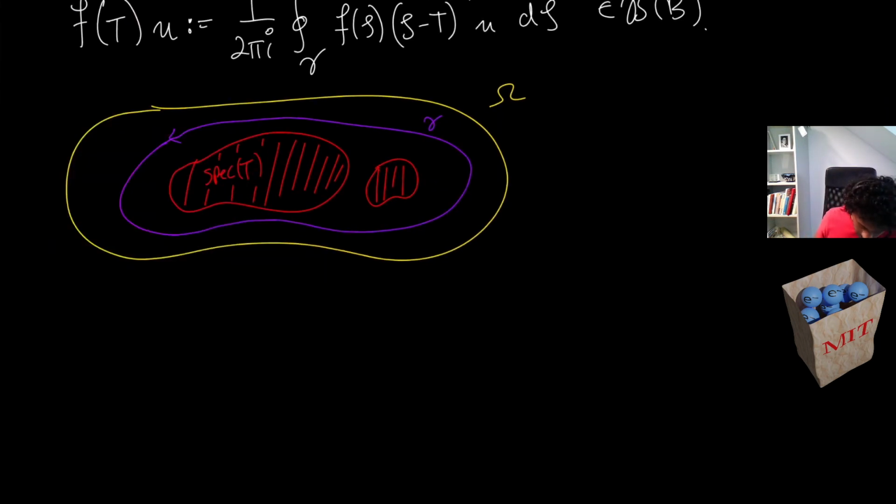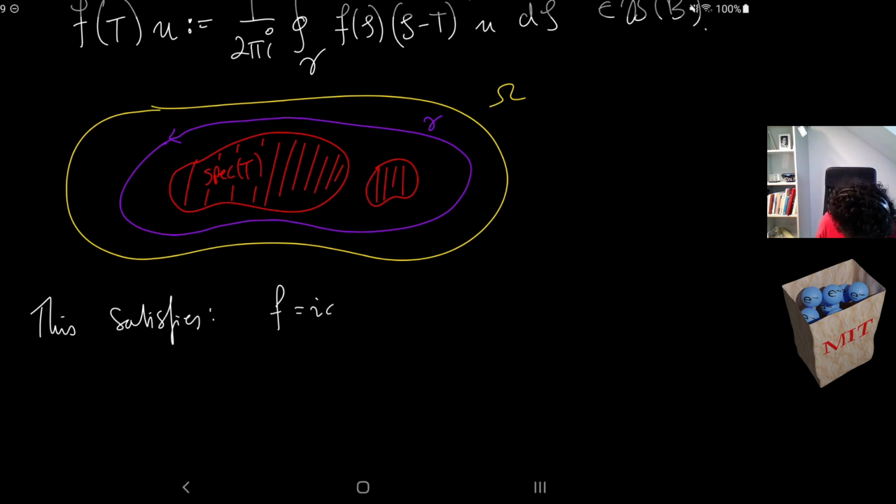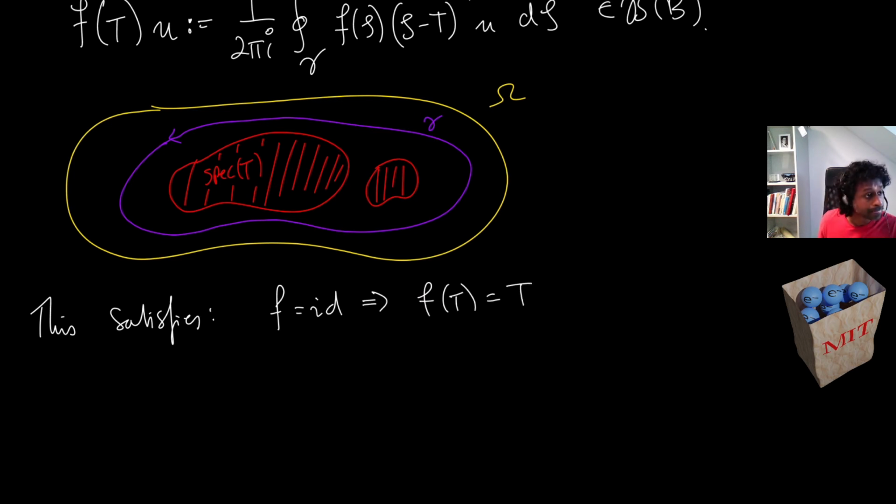So what does this functional calculus satisfy? When f is the identity, f of T is equal to T. When f is equal to 1, we get that f of T is equal to the identity.